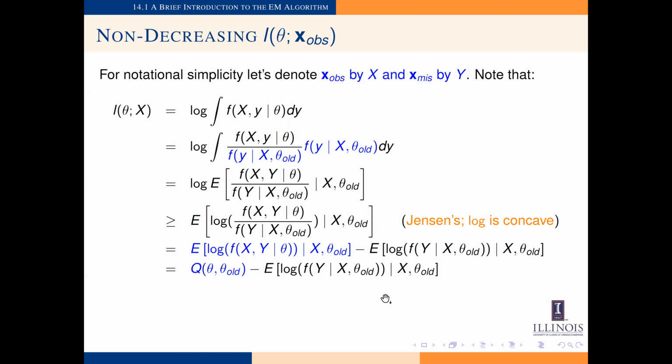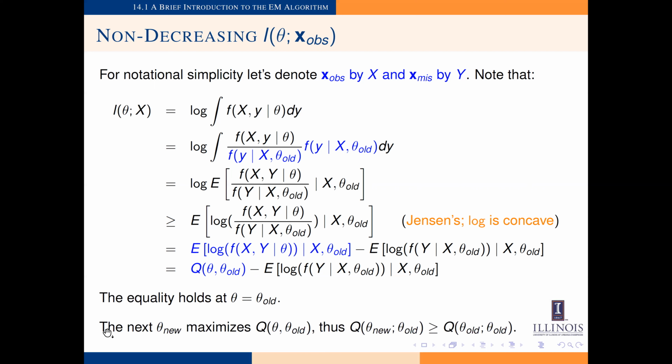And then you can see that this term in black here actually does not involve theta. So what we have just shown is that the log likelihood of theta given the observed data is greater than or equal to Q of theta, theta old, minus this thing, which is a constant over theta. The equality holds at theta equals theta old.